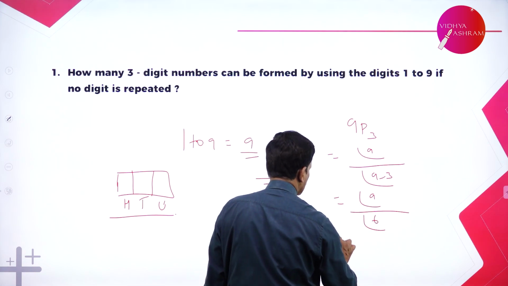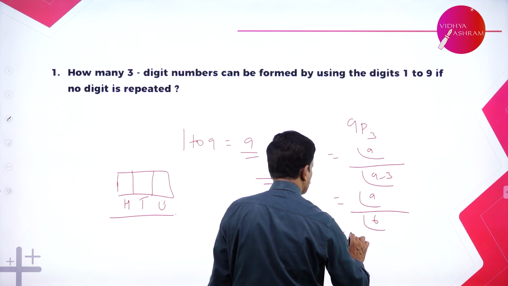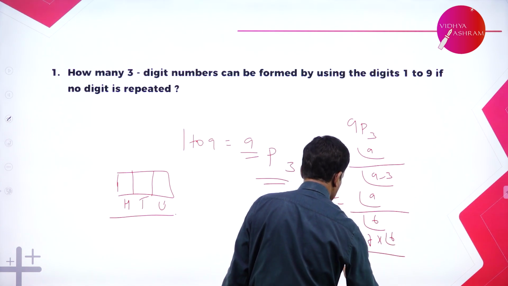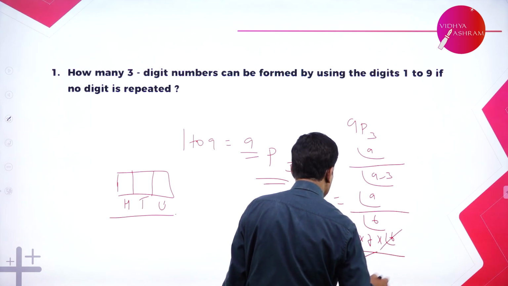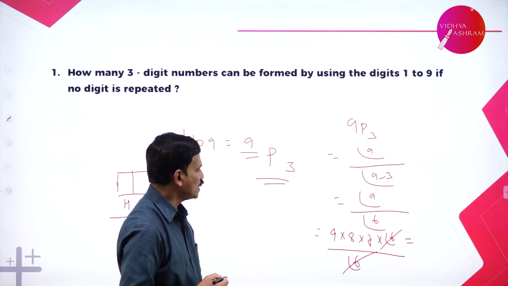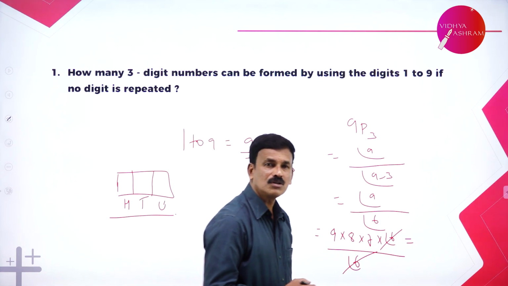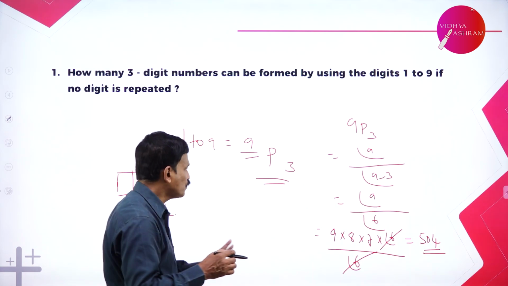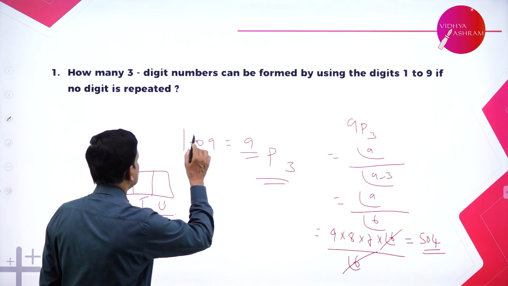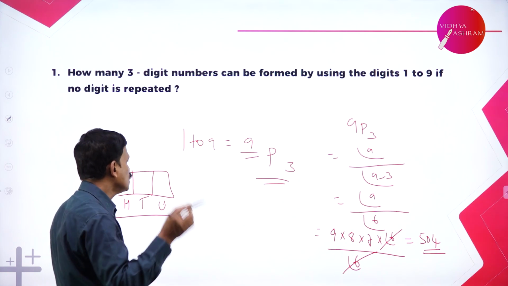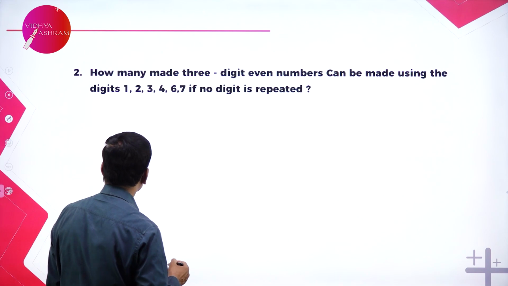So this can be written as 9 factorial is 9 into 8 into 7 into factorial 6 divided by factorial 6, and factorial 6 gets cancelled. What is this equal to? Multiply. So 9 into 8 into 7 is equal to 504. So in 504 ways, the 3-digit numbers can be formed using the digits 1 to 9. That's it. Now move on to the next similar type problem.